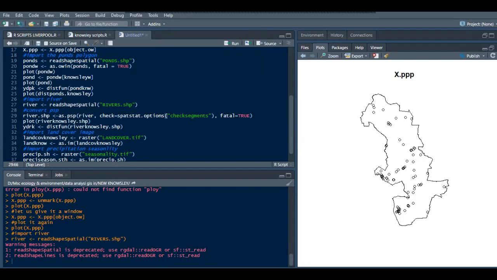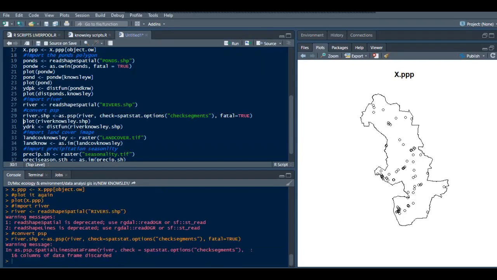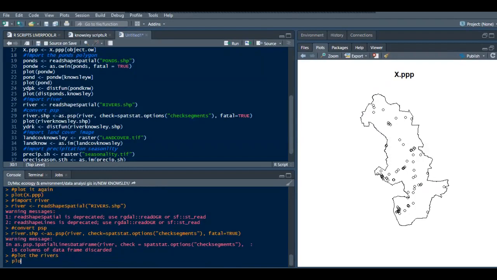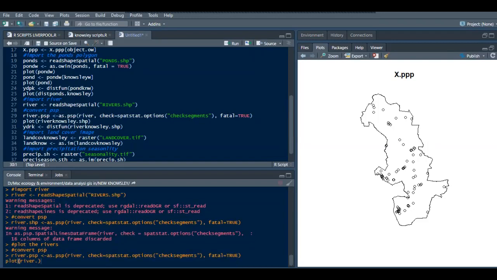When I run this, we can now plot the rivers. Actually, it was meant to be .psp. Let me change it to avoid confusing us, and run it again.